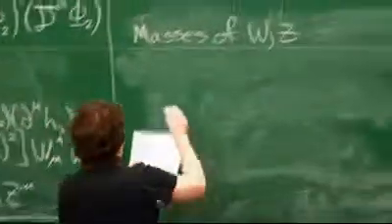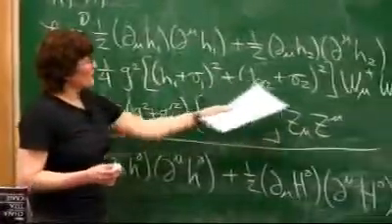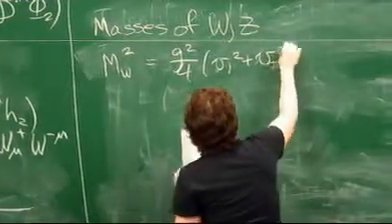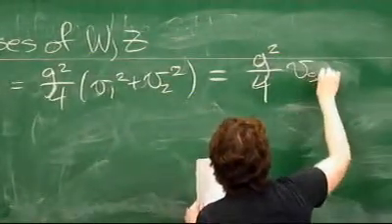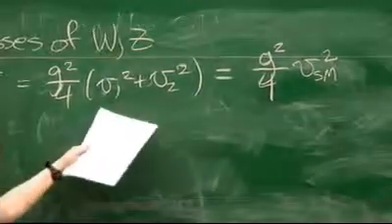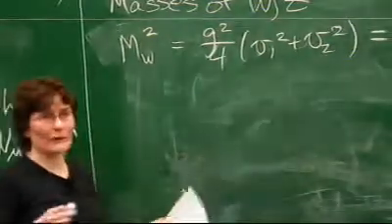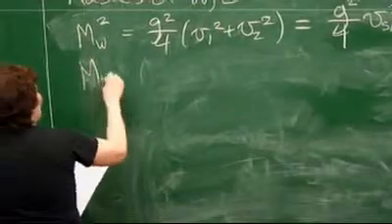And the masses are basically going to come out. So if I look at the coefficient of the WW term, I've got a 1/4 G squared, V1 squared plus V2 squared. And this, remember, in the standard model, looked like that. So you learned that the sum of the squares of the vacuum expectation values of these two doublets had better add up to the standard model Higgs vacuum expectation value squared if you want to get the W mass right. So that's the thing you learned from this.